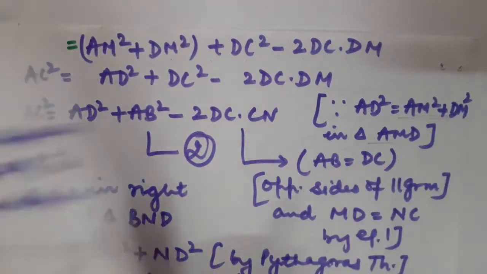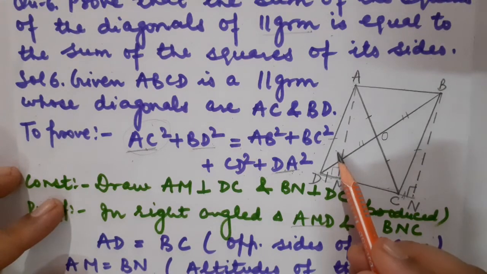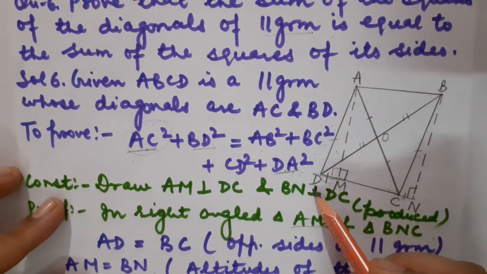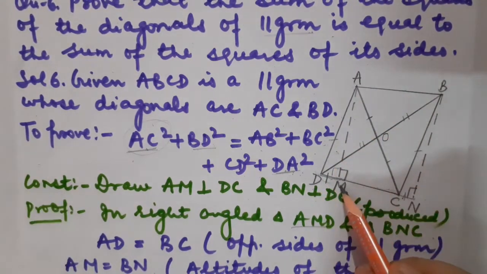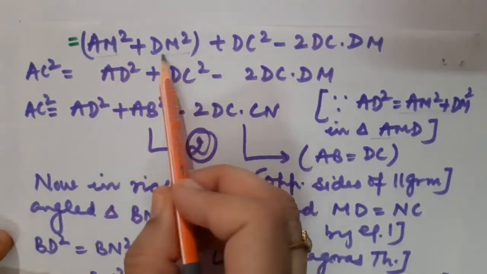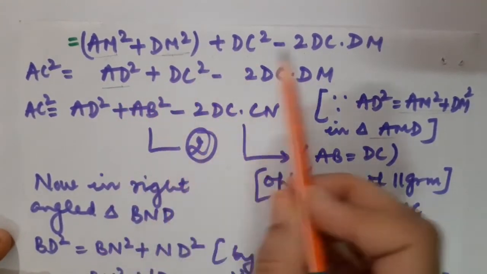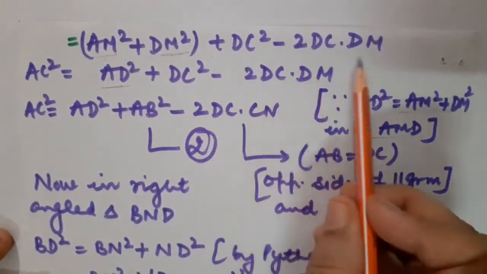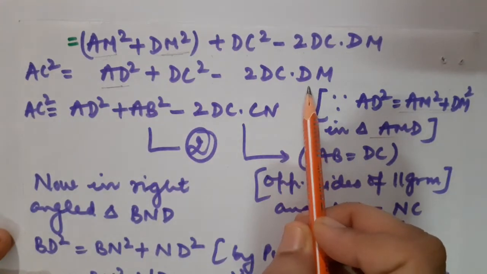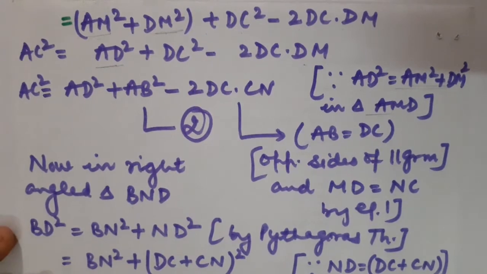So I am going to replace AM square plus DM square by AD square. Correct? This is plus DC square minus twice of DC into DM. Got it?